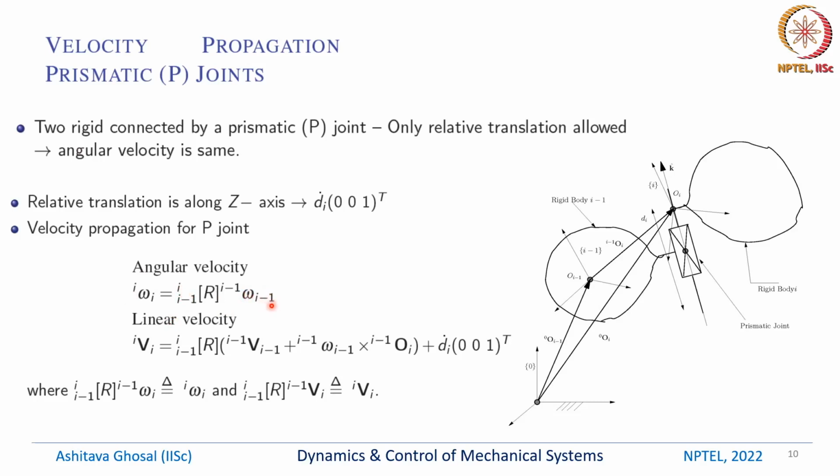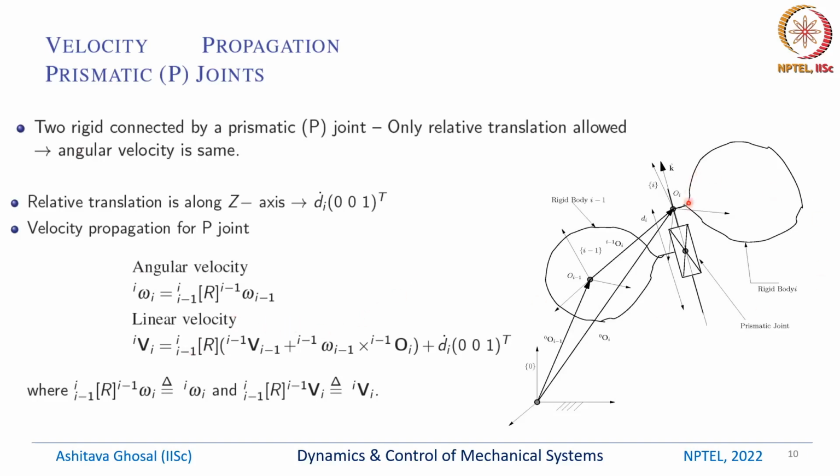But we have to write both the left and right hand sides in the same coordinate system. So we pre-multiply by a rotation matrix I minus 1 R. So remember, what is I omega I? It is nothing but the body fixed angular velocity vector of the rigid body I in the 0th coordinate system. Remember, I had proven this earlier.